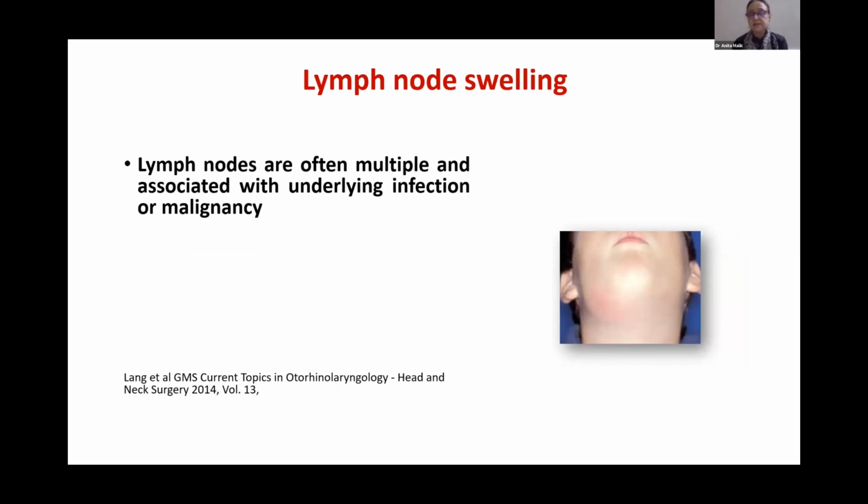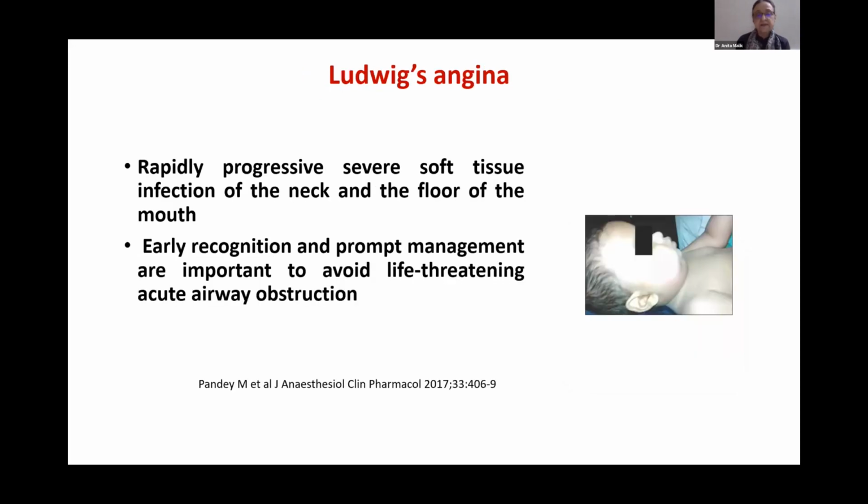Lymph node swellings may be solitary or multiple and associated with underlying infection or malignancy, and with infection they may present as retropharyngeal or parapharyngeal neck masses, and as abscess, deep neck abscess.